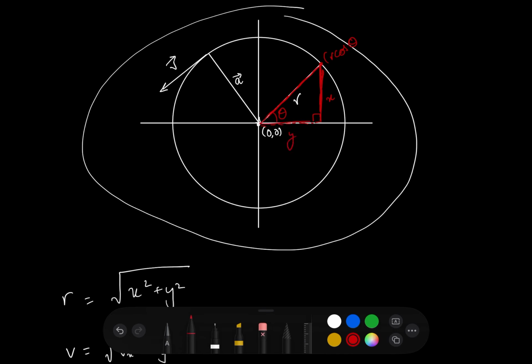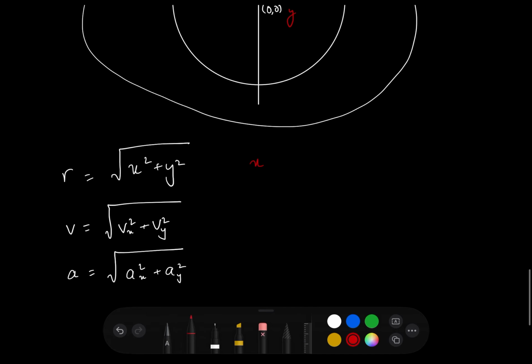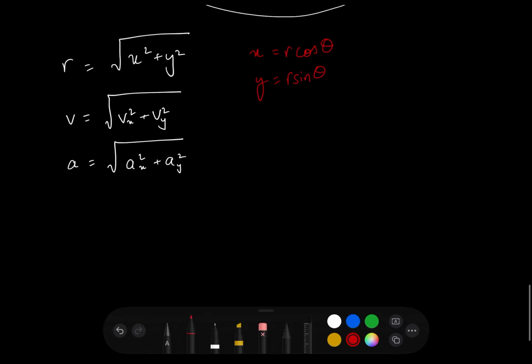And a similar thing with the y, but y is the adjacent, so it's just going to be r sine theta. So we know that x is equal to r cosine theta and y is equal to r sine theta.